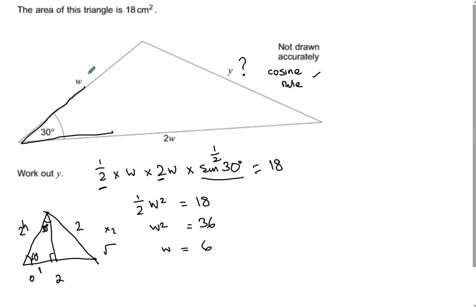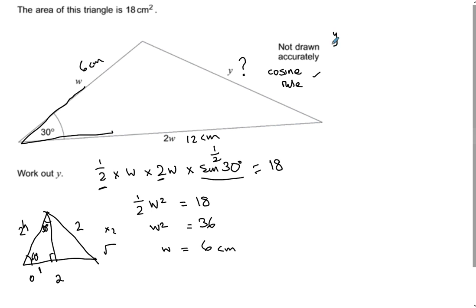Just put centimeters there. So you can see that's 6 centimeters, and doubling it will give you 12 centimeters. So we've got everything in order to use our cosine rule.